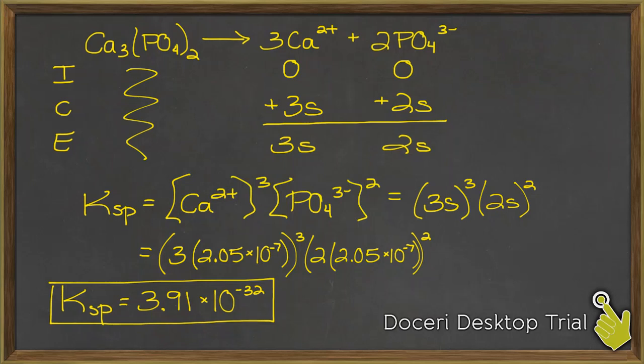Again, if you look at your solubility rules, calcium phosphate, the solubility rules would say that's an insoluble compound. Well, this is why. Look at that Ksp value. The forward reaction is not favored at all. The process of it breaking down into its aqueous components is not favored. And we can clearly see that by how small the K value is.